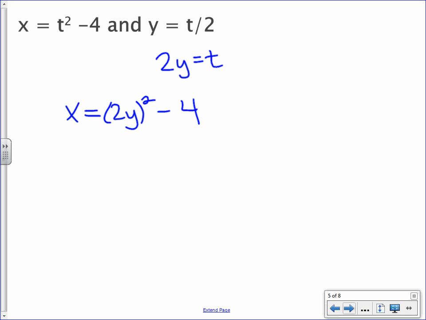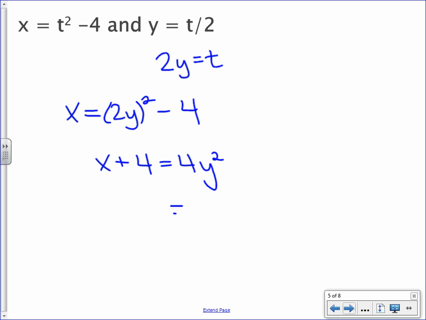So I'm going to go ahead and move this 4 over. So we have x plus 4 equals 4y squared. The coefficient, does it go with the squared term or the non-squared term? The non-squared term.